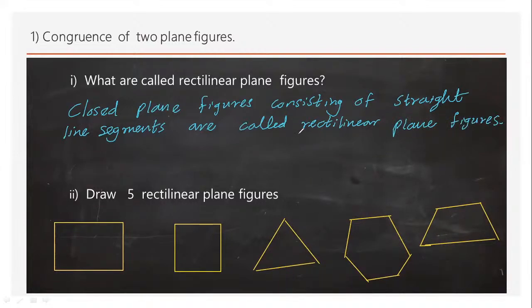Then you can give the answer like this: closed plane figures consisting of straight line segments are called rectilinear plane figures. Draw 5 rectilinear plane figures. Here we can draw any figure which is bounded by straight lines.